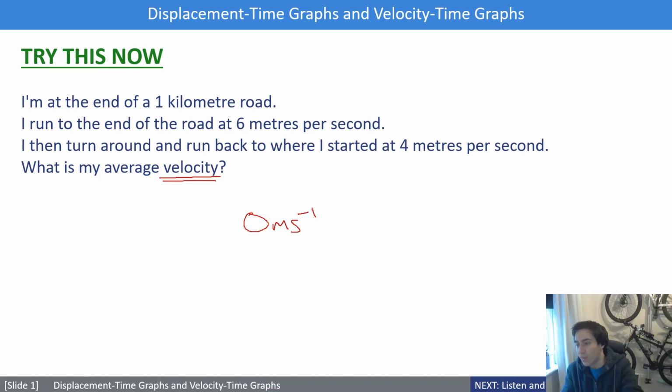And why that is, we're actually going to look at on the next slide. We'll clarify why in this case it is 0, as opposed to perhaps some of you thought it might be 5, but that will be the average speed. Why is the average velocity 0? Let's take a look.